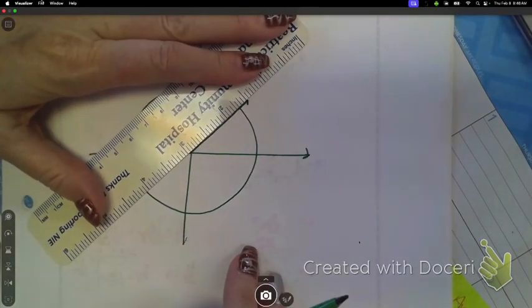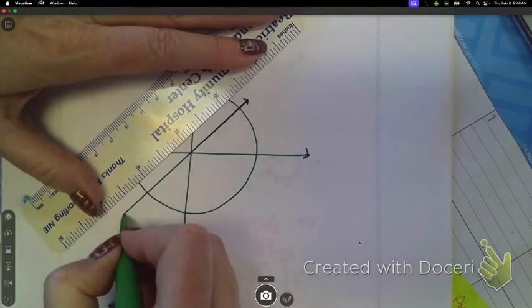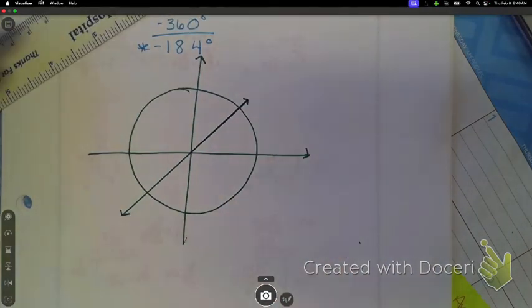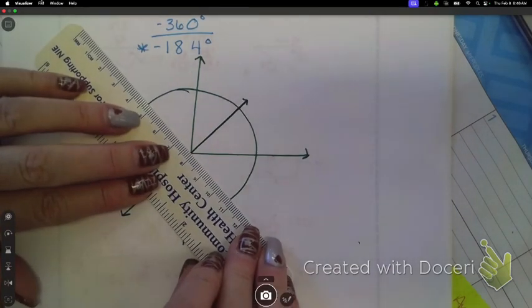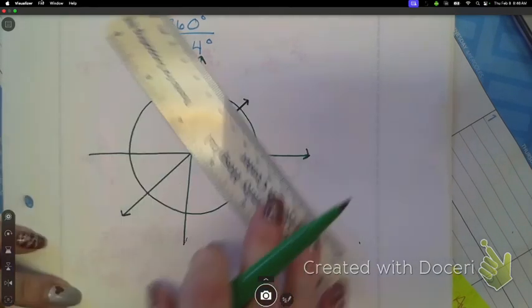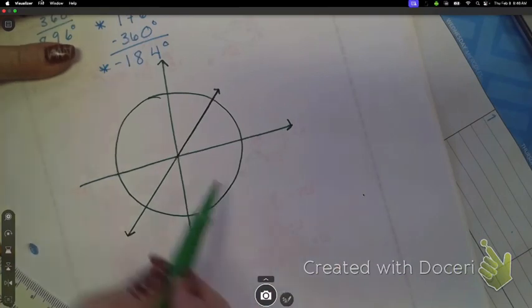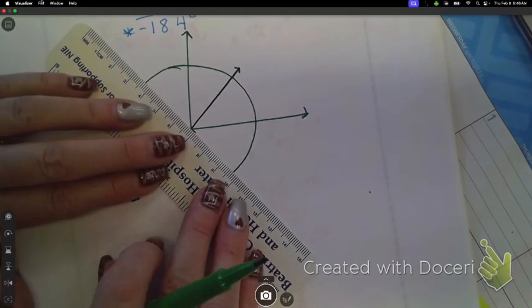If I go through the first quadrant, can I continue this through the third quadrant? Okay. And then find where it would be in 2 and 4. Yep, 2 and 4, so another 45 each, basically.